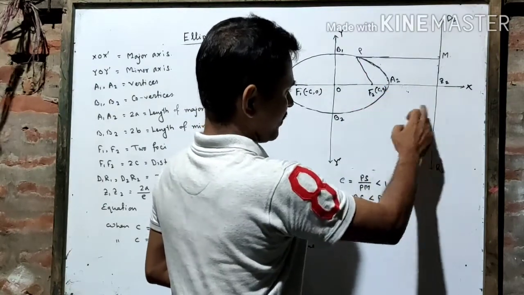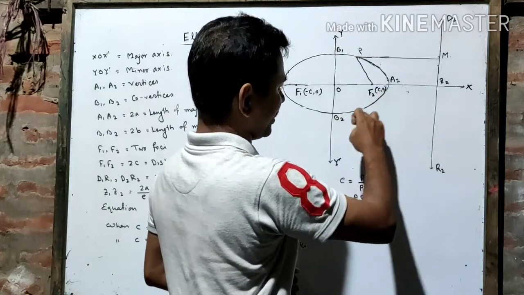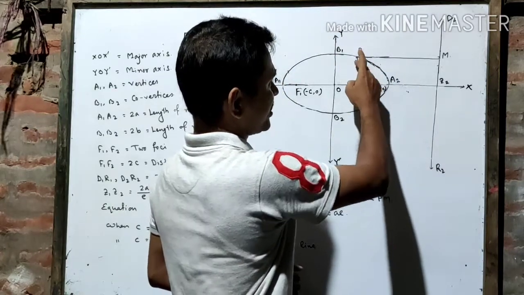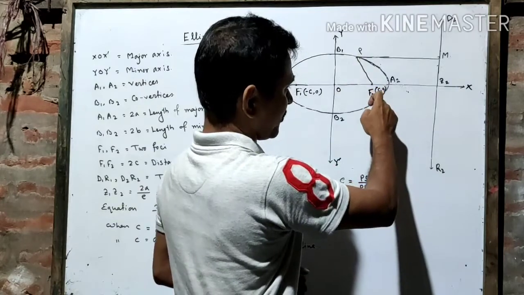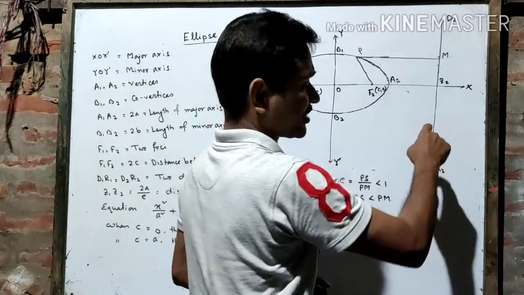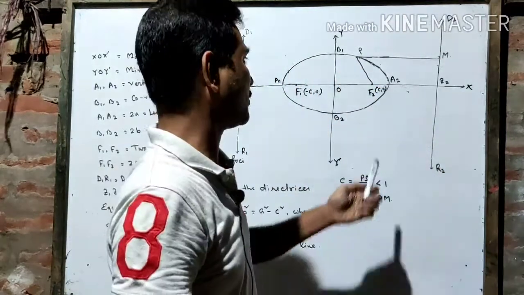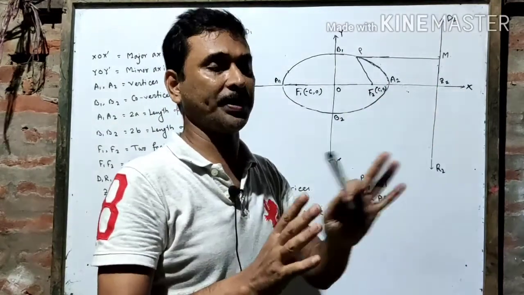For any position of the point on the ellipse, the ratio of its distance from the focus to its distance from the directrix should be less than 1, or in other words PS should be less than PM.